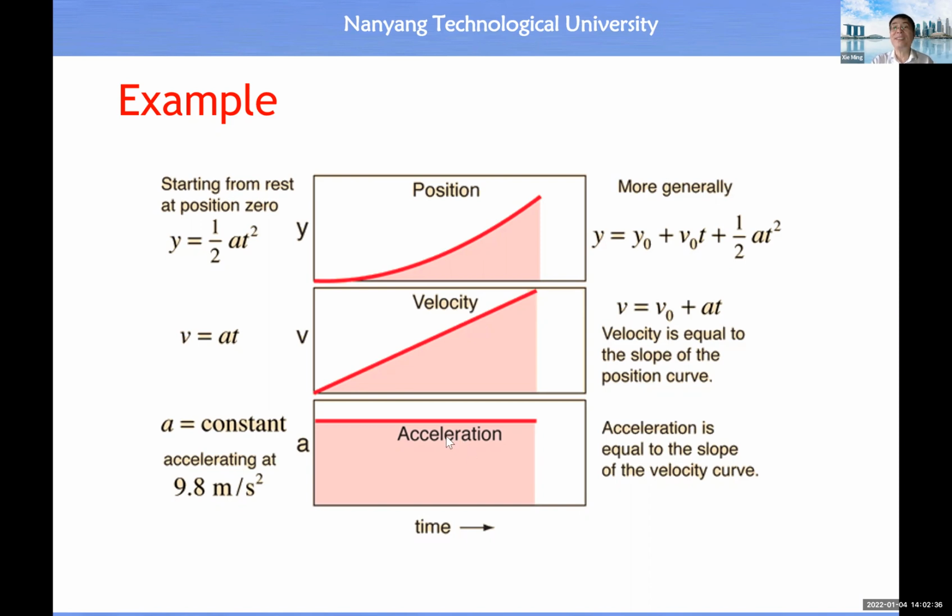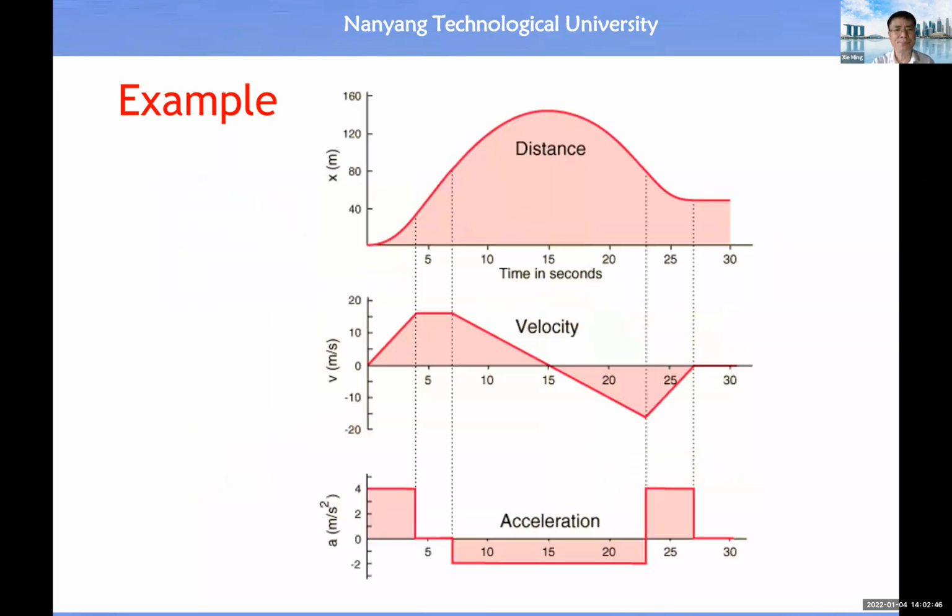Therefore, acceleration is a constant. So this is a scenario of constant acceleration, a linear motion with a constant acceleration. So it's quite straightforward. And one more example: if let's say we have recorded data for the x coordinate along the x-axis, then what should be the velocity profile or acceleration profile?